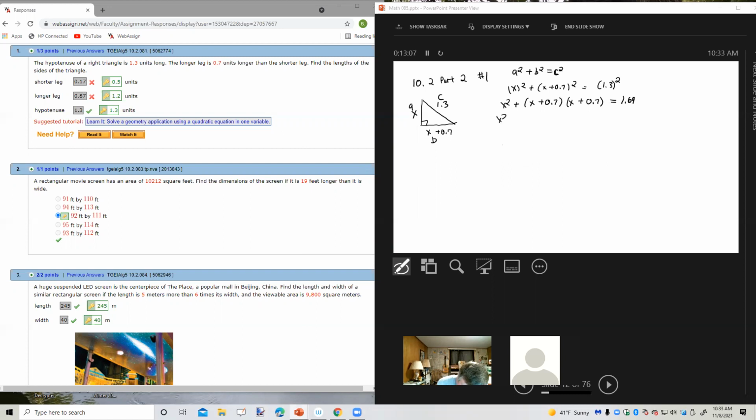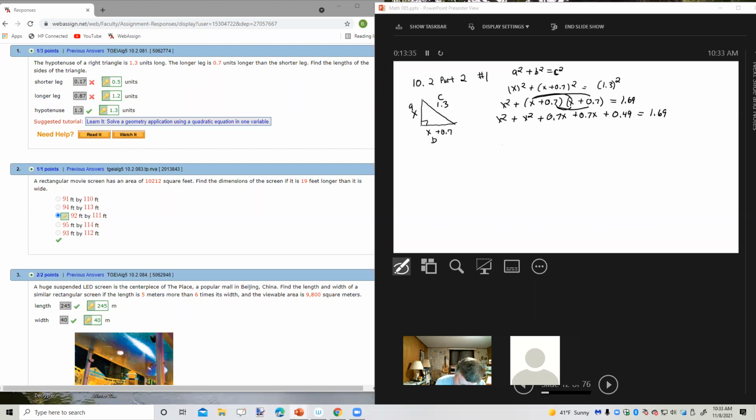Now, foiling, we get x squared plus x squared plus 0.7x plus 0.7x plus 0.7 times 0.7 is 0.49 equals 1.69. Let's verify that. 0.7 squared is 0.49.